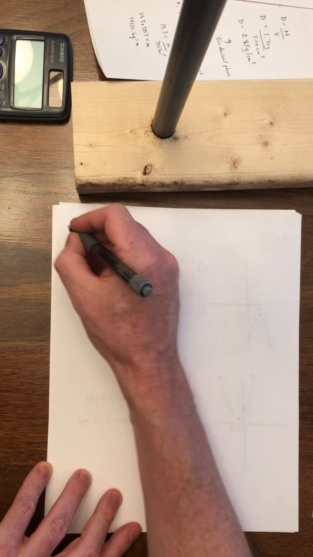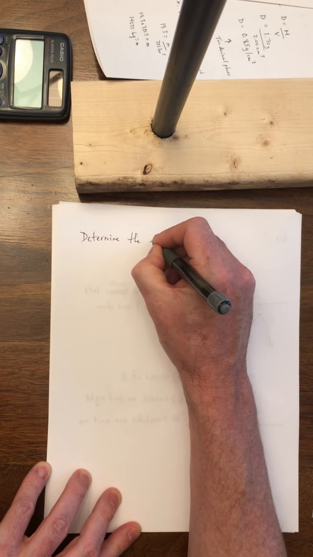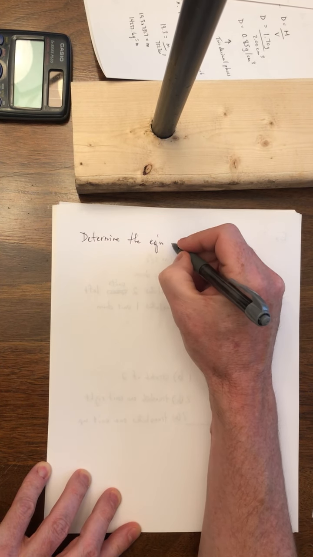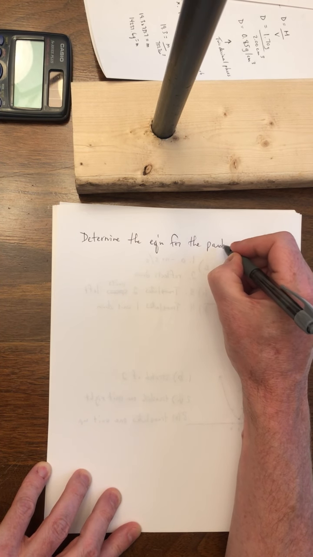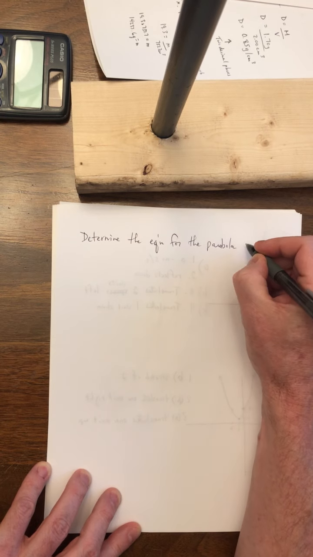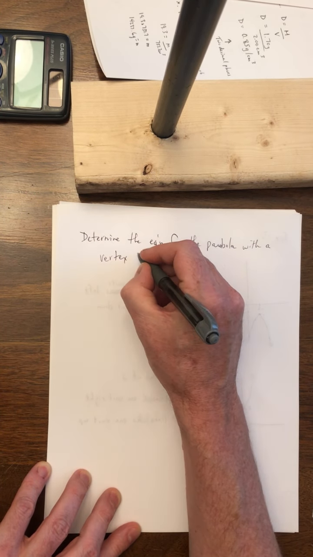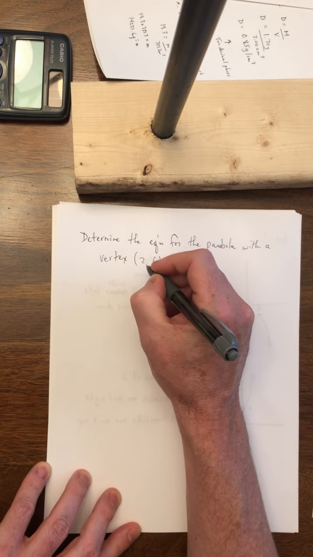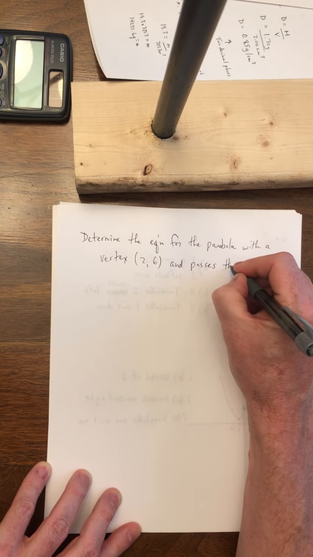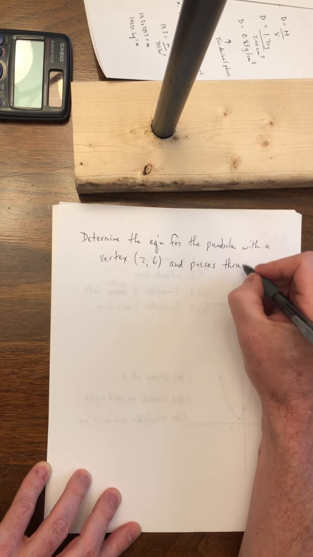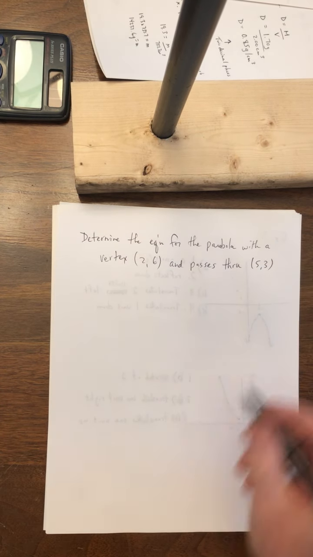In this case, determine the equation for the parabola with a vertex at 2, 6 and passes through, don't tell the English teachers I did that, 5, 3.